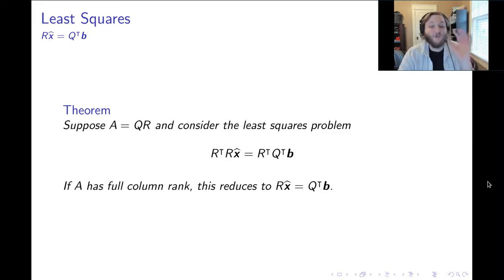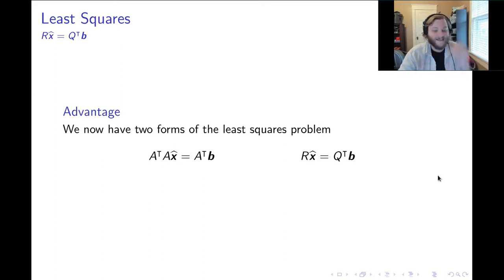And this is great because remember that R in a QR factorization is an upper triangular matrix, so we can very quickly solve this least squares problem by using back substitution. So that's the upshot. We now have two forms of the least squares problem. If I don't know anything about A, I can still write down the least squares problem, and it will be A transpose A times x hat equals A transpose times b.